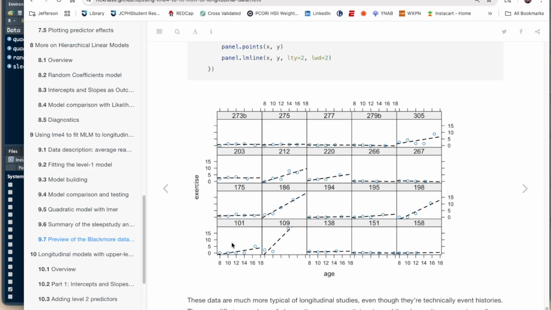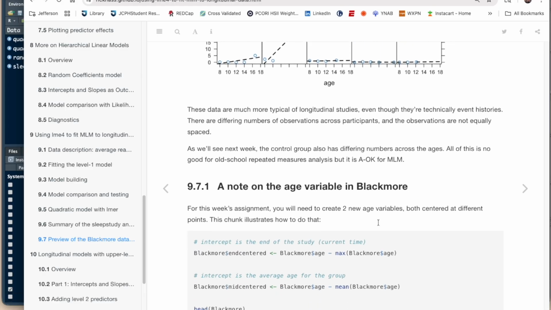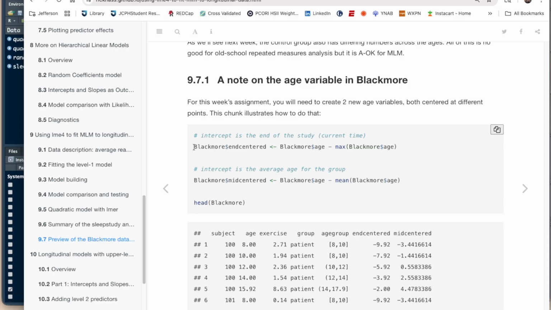And so we're going to do some similar stuff next week. The important thing to note is that in your code for this week's homework, which will be discussed next week, there are two additional age variables.